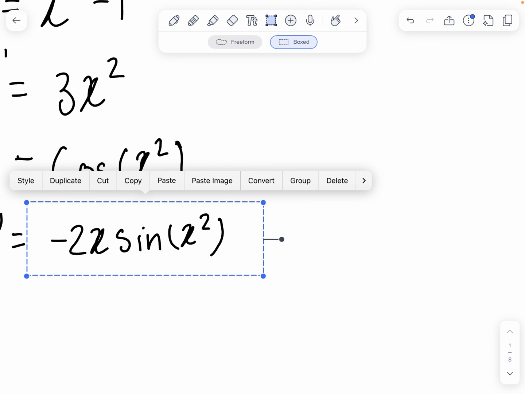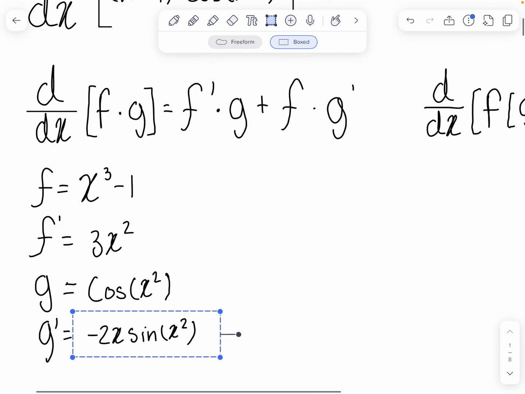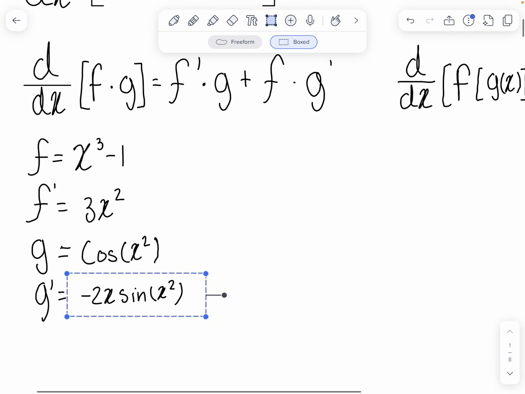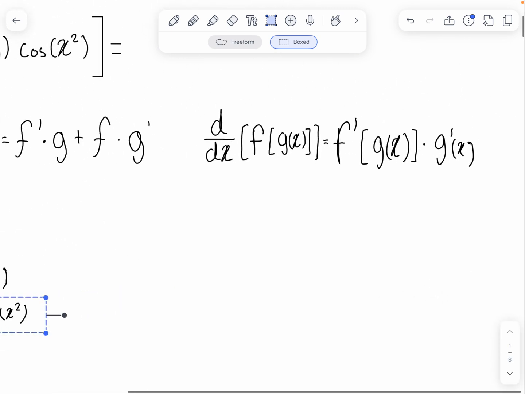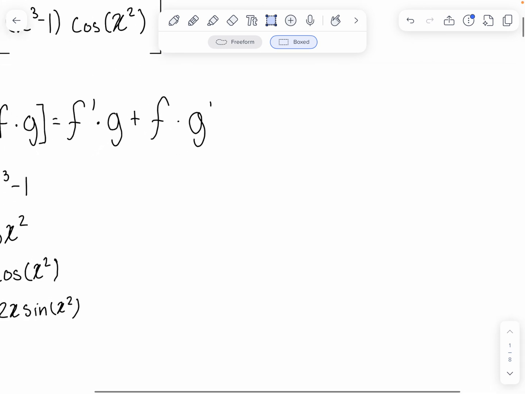Now that we have our values of f prime, g, and g prime, we can finally apply the product rule. So let me erase all of this since we're done with the chain rule.